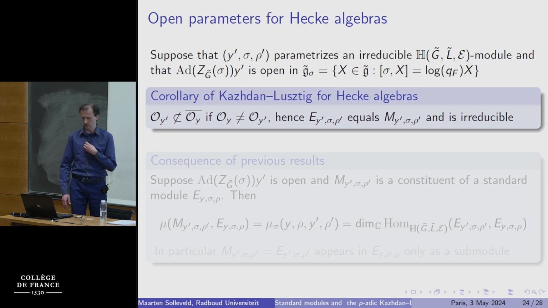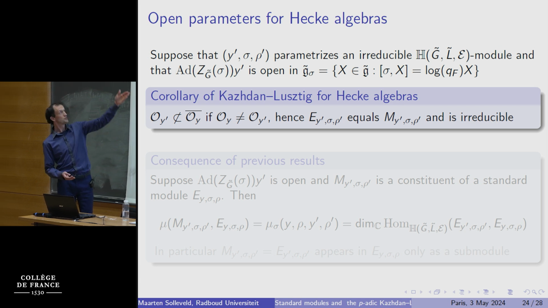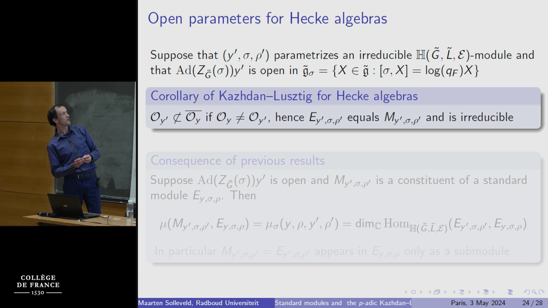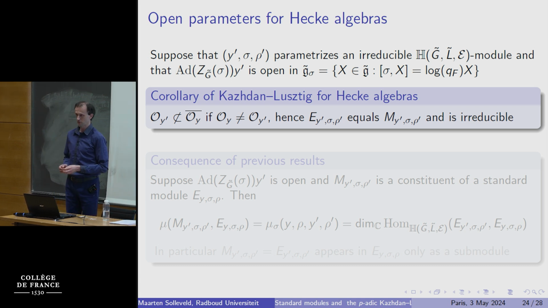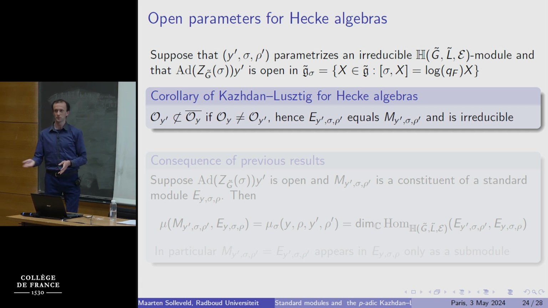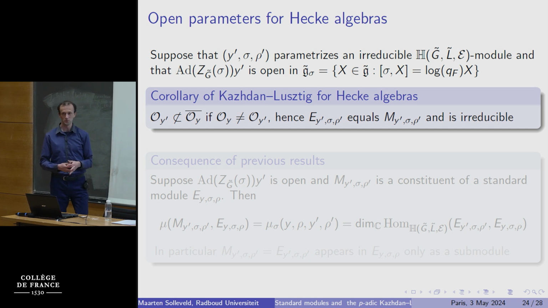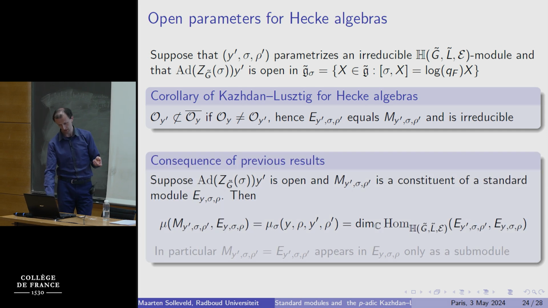Well, in that case, you have this comparison of standard modules and then you can see that no other standard or irreducible module will map to your module parameterized by y prime and sigma, and as a consequence, this standard module from y prime, sigma and rho prime must be irreducible. So the upshot here: standard modules obtained from parameters which have nilpotent elements in the open orbit tend to be irreducible, at least for these Hecke algebras.